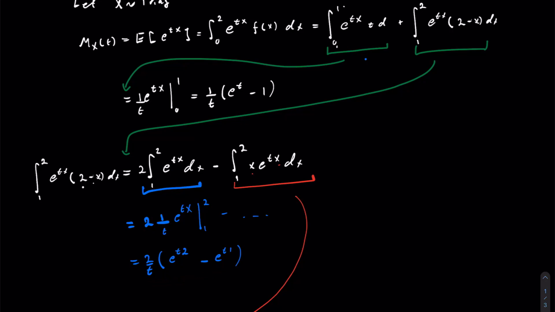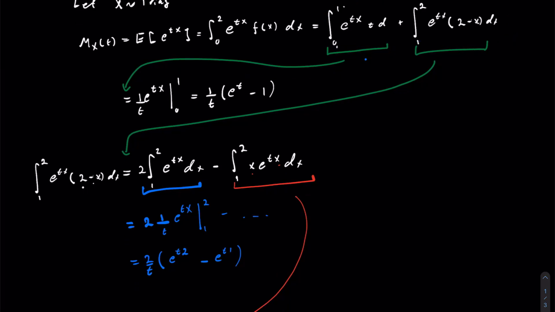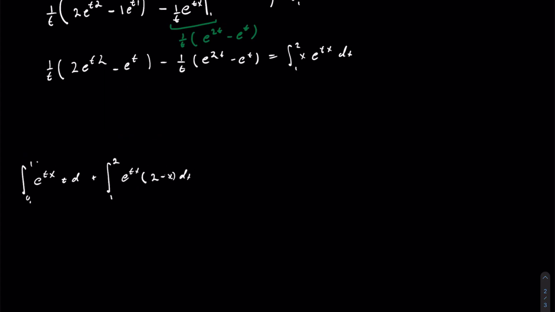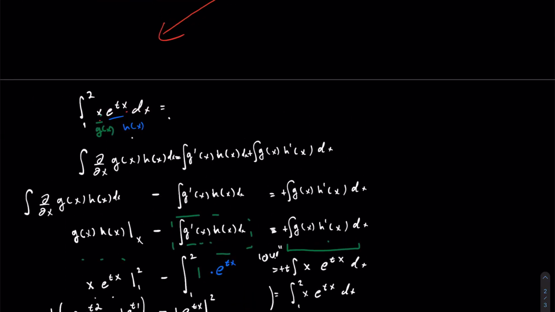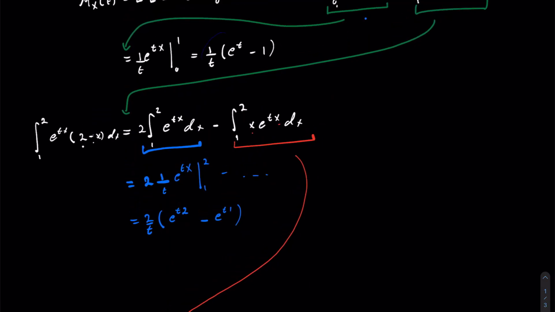So let's put it all together by copying this piece here and moving it down here. We're going to collect all the pieces, and we have this piece up here.